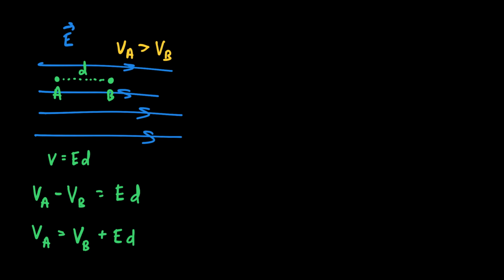To go along with that, I would like to say that when a positive charge moves from point B to point A, there has to be an external force that does that, because I'm raising the voltage and I'm raising the electric potential energy of that charge. And so an external force, like me taking the charge and moving it from point B to point A, is required for that to happen.